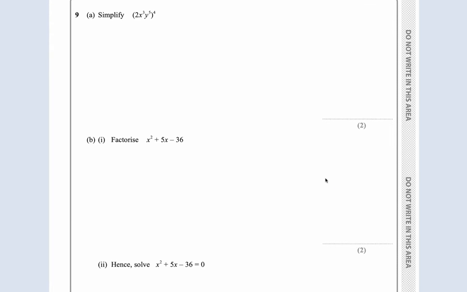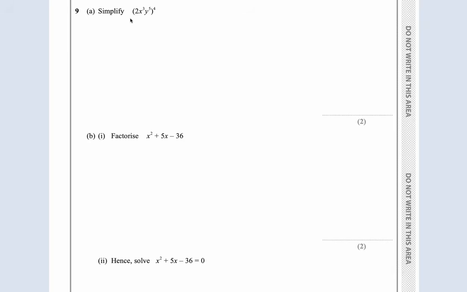Okay, good. Question 9. This to the power of 4 equals, right, we have to do 2 to the power of 4, and actually let's do them separately over here. I have to do 2 to the power of 4, use your calculator, but it's 2 times 2 times 2 times 2, it's 16. X cubed to the power of 4, multiply the powers, this is the third rule of indices, so that's x to the power of 12.